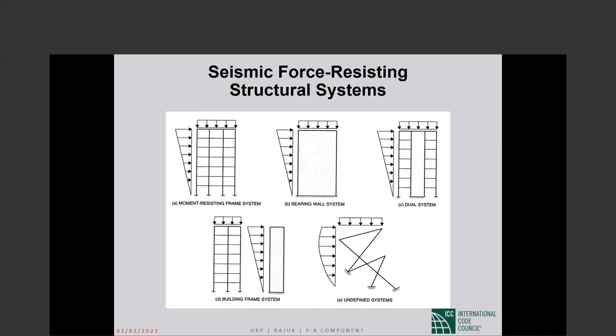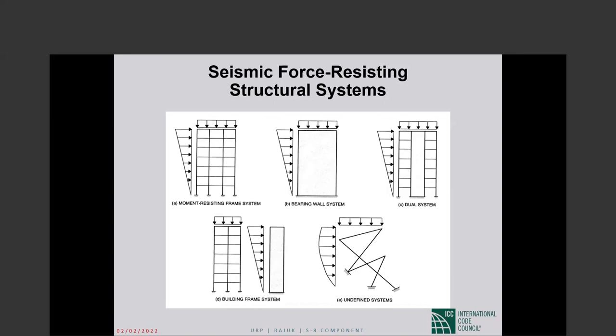Okay, the same walls are doing both, carrying gravity and resisting earthquake forces. This is why this system has some of the lowest R values, because there is no redundancy. Something happens to these walls in an earthquake, there is no gravity carrying system anymore. Okay, so that is a bearing wall system.